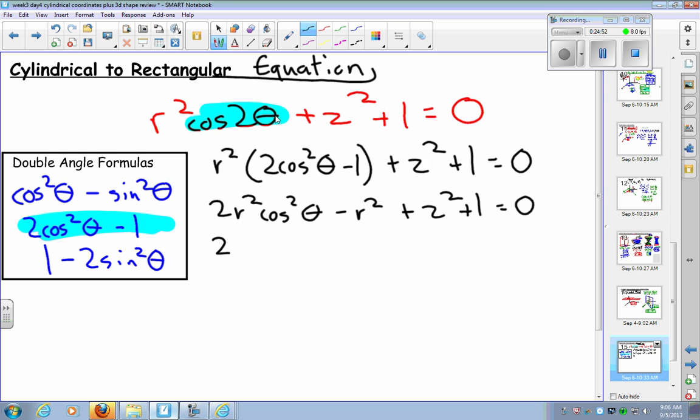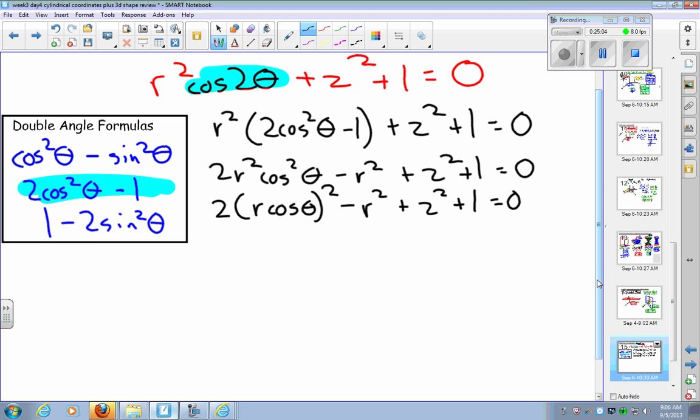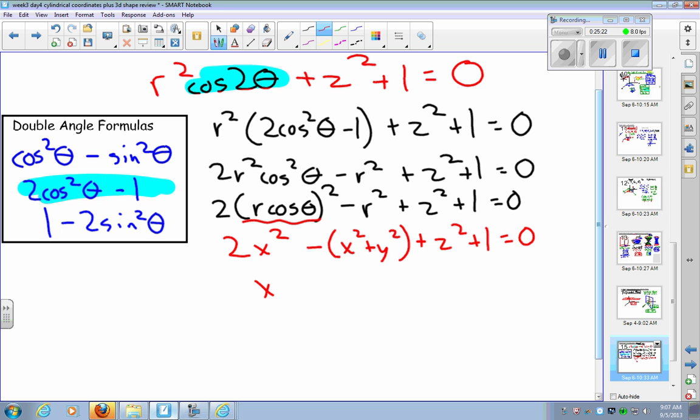Notice, if I rephrase this, (2r cosine theta) squared minus r squared plus z squared plus 1 equals 0. If I do that, you might see a lot easier that r cosine theta, that is x. So I got 2x squared minus (x squared plus y squared) plus z squared plus 1 equals 0. So that's x squared minus y squared plus z squared plus 1 equals 0.